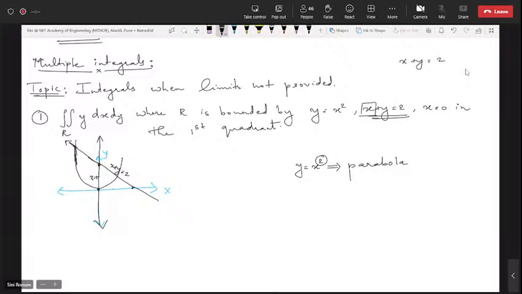So now can you tell me what is the region that is being bounded by all these curves: y equal to x squared, x plus y equal to 2 and x equal to 0?